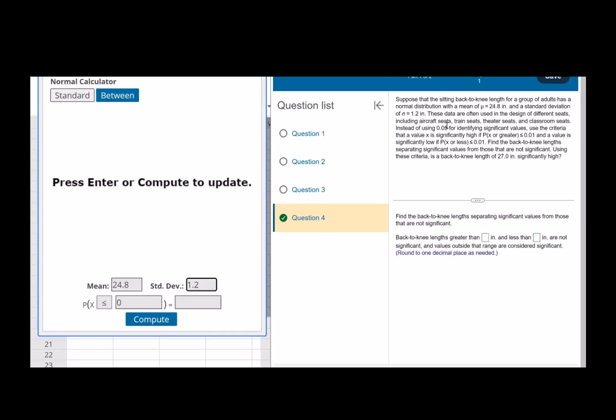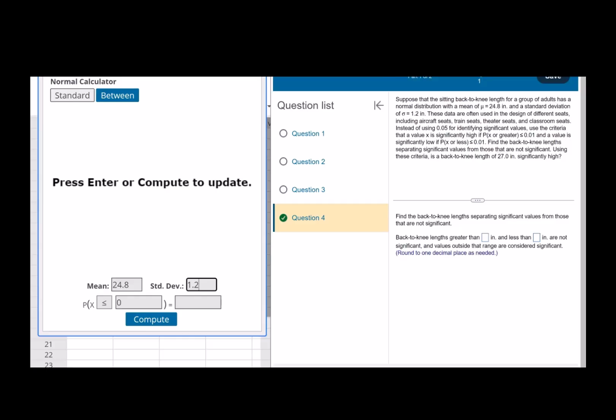These data are often used in the design of different seats, including aircraft seats, train seats, theater seats, and classroom seats. Instead of using 0.05 for identifying significant values, use the criterion that a value X is significantly high if P of X or greater is less than or equal to 0.01, and a value is significantly low if P of X or less is less than or equal to 0.01.